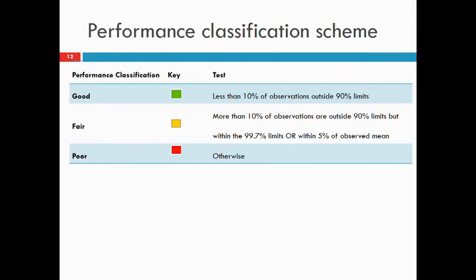Sites or months designated as fair are given a traffic light of yellow. Either there's more than 10% of data outside the 90% limits, but they're within 3 standard deviations, or the simulated mean and the observed mean are within 5% of one another. Otherwise, they're designated red and poor.